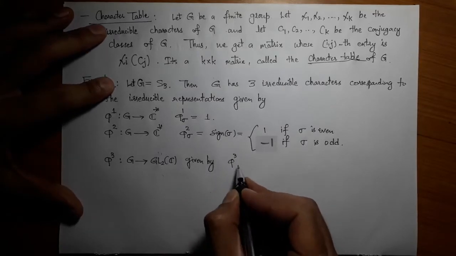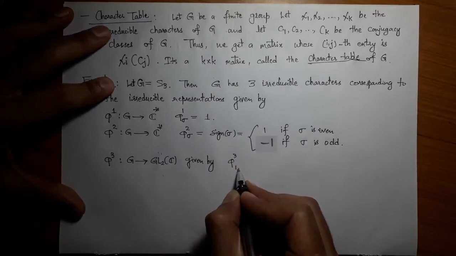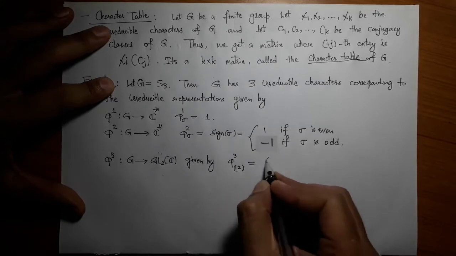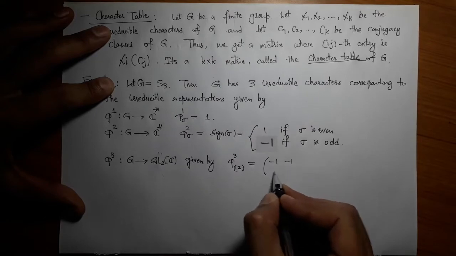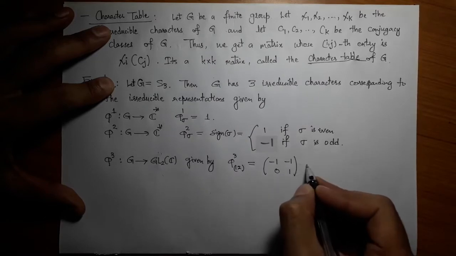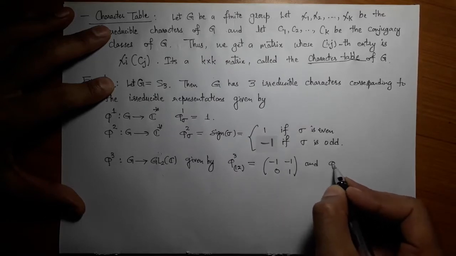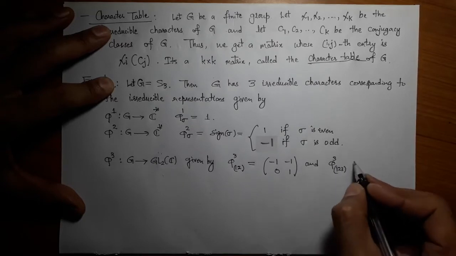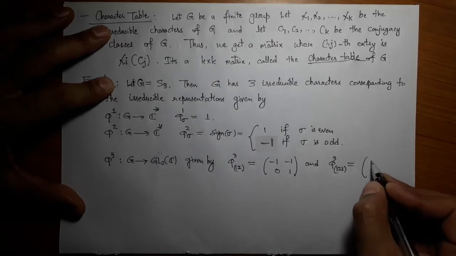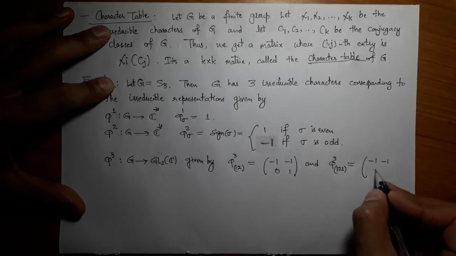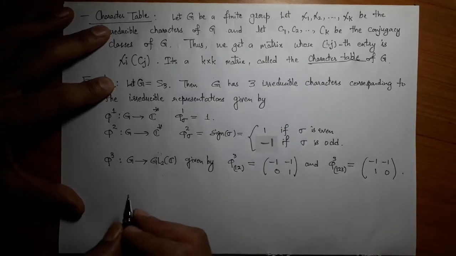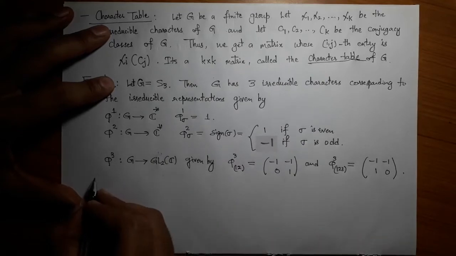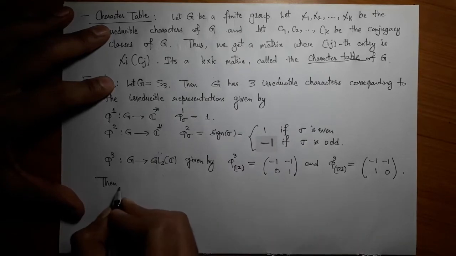Phi 3 acting on the transposition (1 2) was the matrix (-1 -1; 0 1), and phi 3 acting on the 3-cycle (1 2 3) equals (-1 -1; 1 0). So once we know the representation, we can write down the characters.